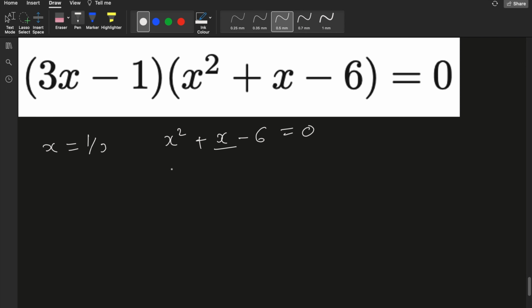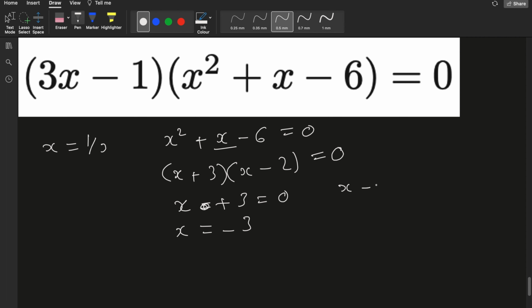By splitting the middle term, we get x plus 3 times x minus 2 giving 0. So x plus 3 equals 0, implying that x equals minus 3, or x minus 2 equals 0, implying that x equals 2. So therefore x equals 1 by 3, x equals minus 3, and x equals 2.